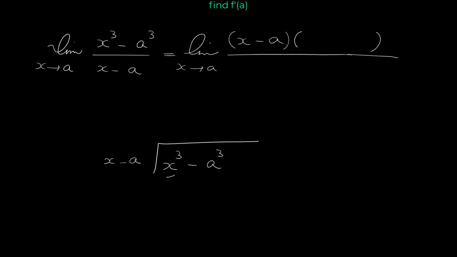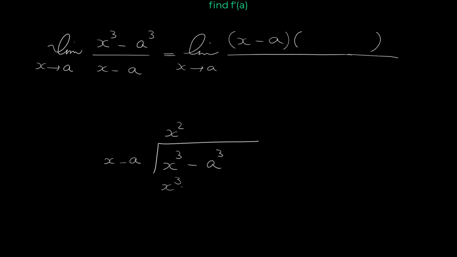If you want to divide x to the 3 minus a to the 3 by x minus a, we start with dividing x to the 3 by x. X to the 3 divided by x is x to the 2. Then, as you know, in long division we multiply x to the 2 in all of these and we write it here. x to the 2 times x is x to the 3.